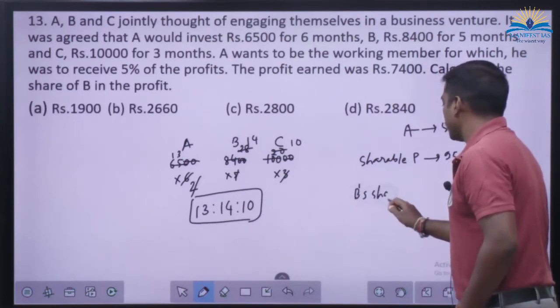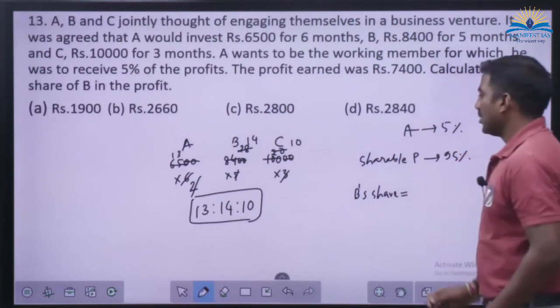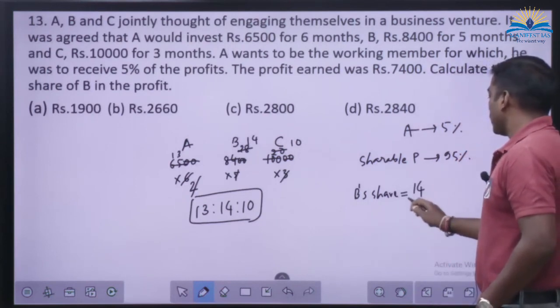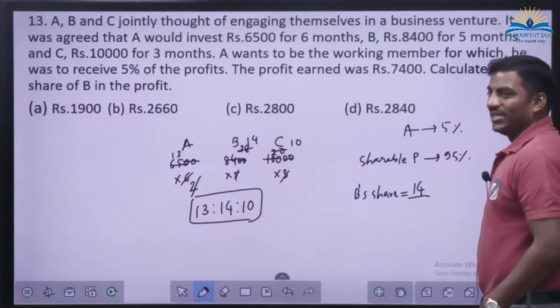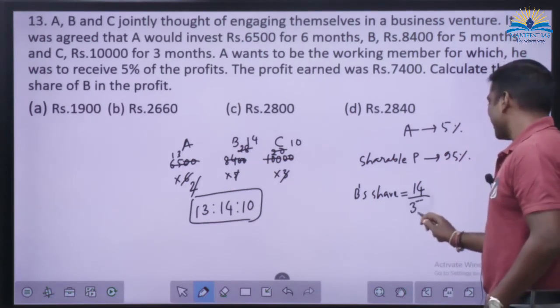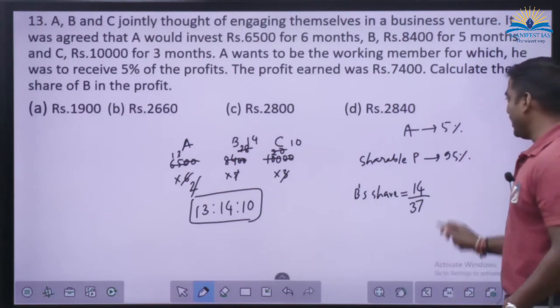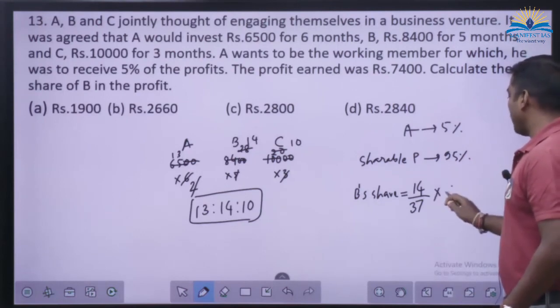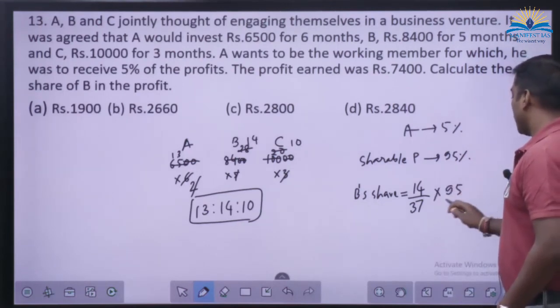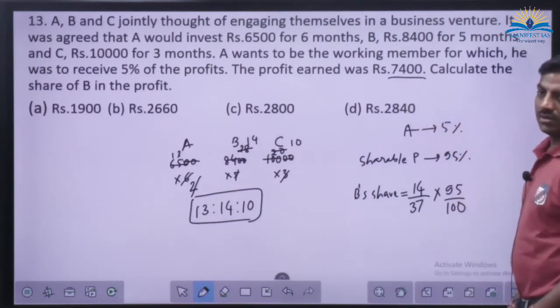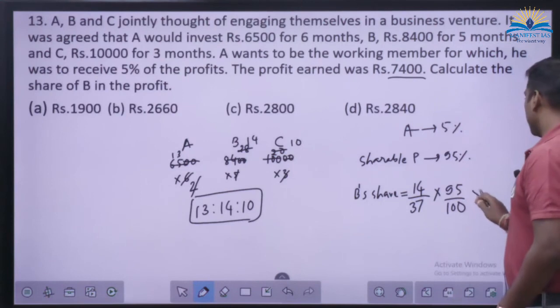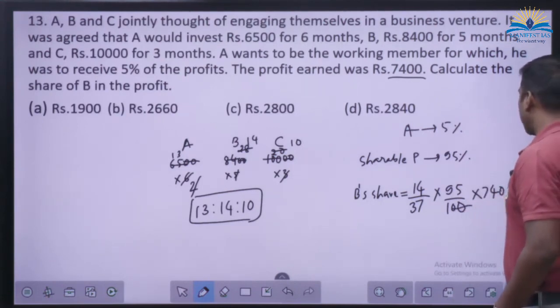B share is 14 out of 37. 14 out of 37 into 95% of the profit. What is the total profit? 7,400. 00 get cancelled.